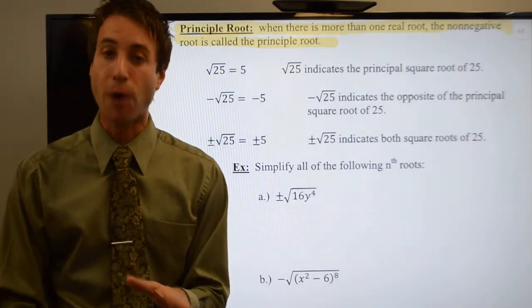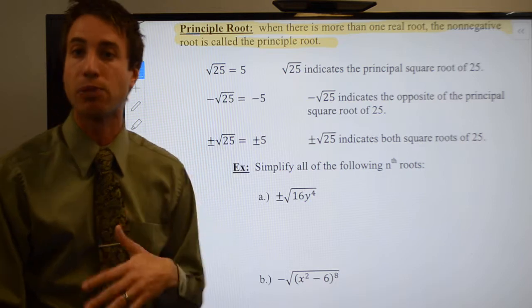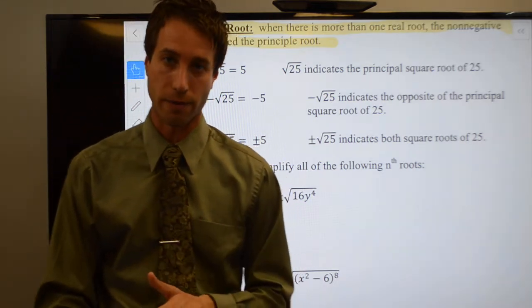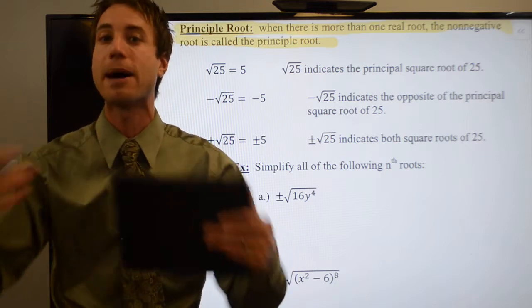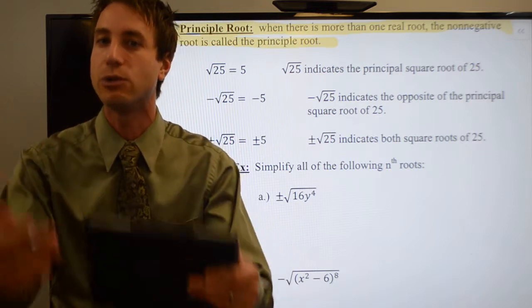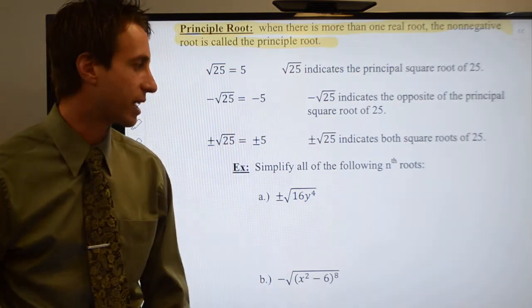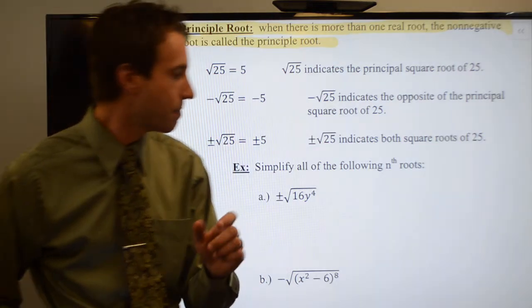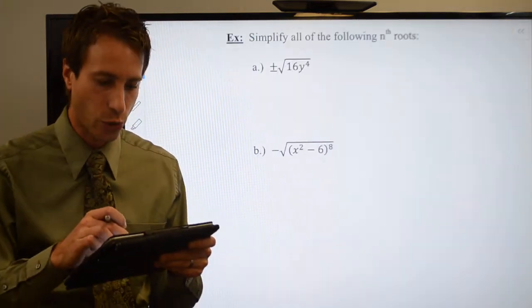If I want both the positive and the negative answer, I will put the plus or minus out front. Okay, so starting now in this section, you no longer need to worry about doing plus or minus when you take a square root. I'll let you know which one I want by putting a sign out front. Okay, so let's go ahead and jump into simplifying some of these. Here we go.